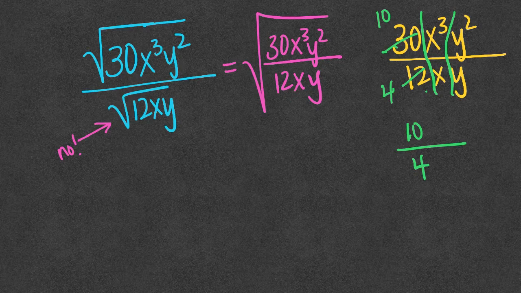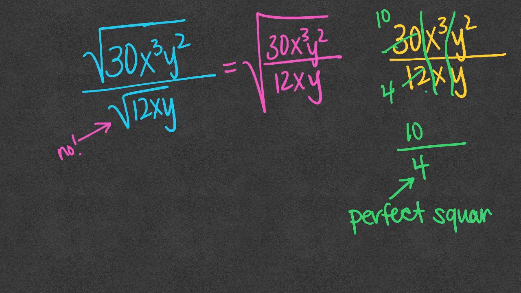So it's okay that it can go more because we want this to be a perfect square so that when we take the square root of it, it doesn't have a radical anymore. And then looking here, x cubed divided by x, more x's on top. 3 minus 1 makes it x squared. And then y squared divided by y is y.